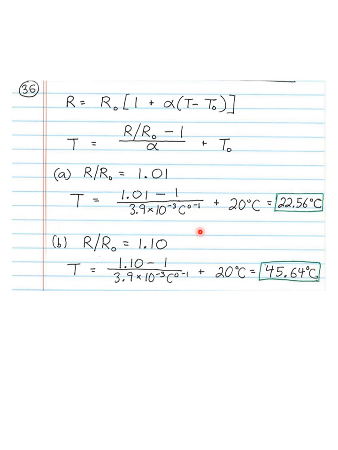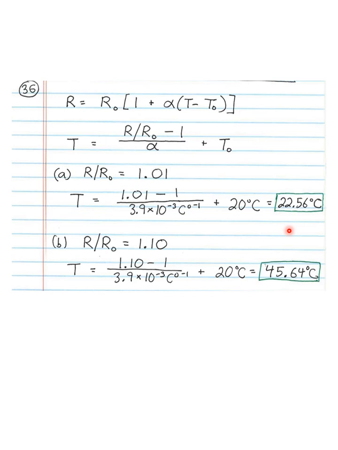And don't forget to add the T naught, the room temperature, 20 degrees Celsius, and we get a temperature of 22.56 degrees Celsius. So by raising the temperature just a couple of degrees, we get this 1% increase in resistance.